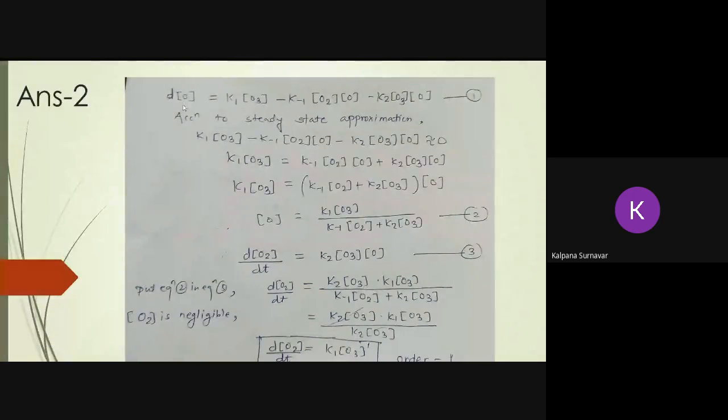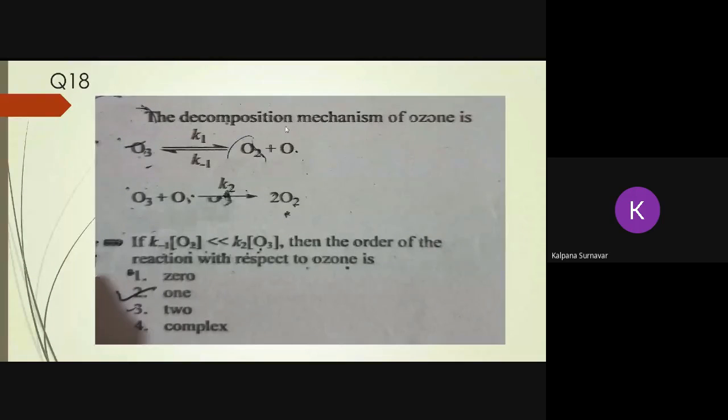First I am going to write d[O]/dt, which is equal to K1 into the concentration of O3 minus K−1 into the concentration of O2 into the concentration of O, minus K2 into the concentration of O3 into the concentration of O. This equation is prepared from these rates. First I have written d[O]/dt, meaning the rate of formation of this oxygen with respect to changing time. This oxygen is formed from ozone, so the rate of formation is written with a plus sign and the rate of decomposition is written with a minus sign.